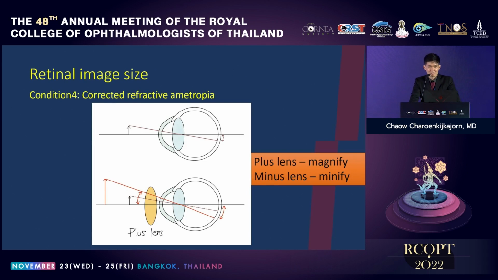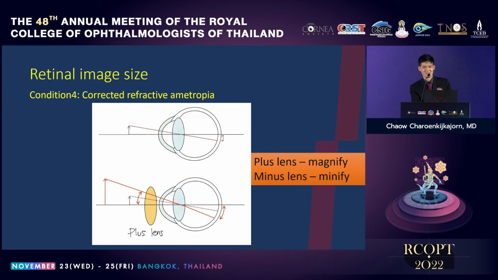When we try to correct refractive emmetropia with glasses, as I mentioned earlier, plus lens acts like a magnifier, and minus lens does the opposite thing, it minifies. So in this diagram, you can see on the top that in the naked eye, the retinal image size is the area between the red arrows, and when we put the plus lens in front of the eye, it increases the subtended angle on the retina, so the patient sees things bigger.